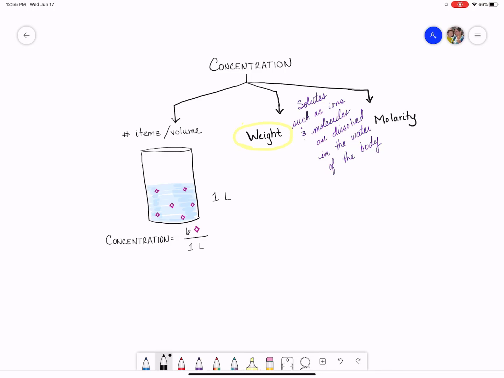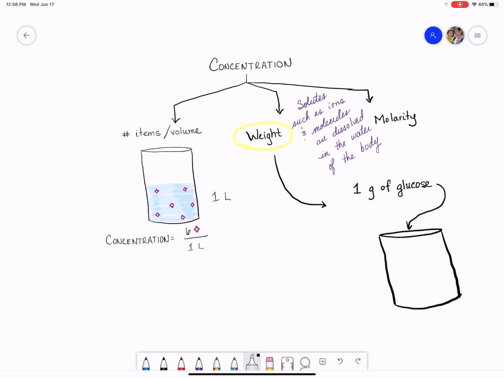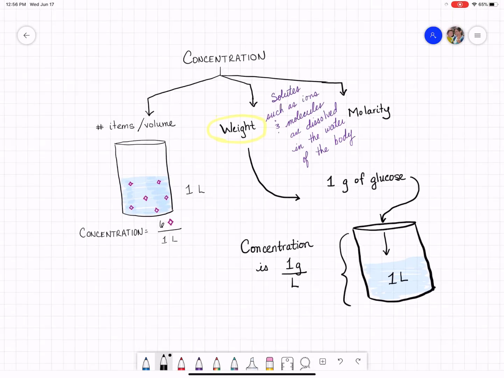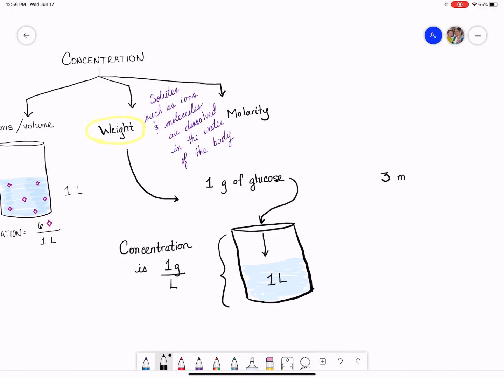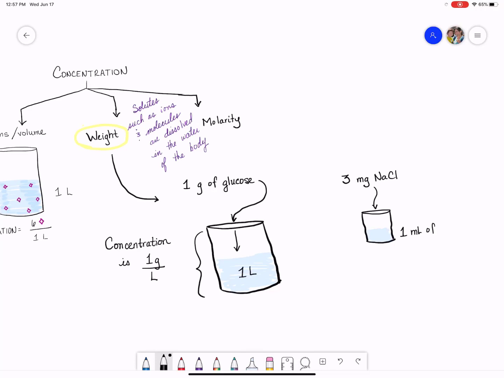So if I were to weigh out 1 gram of glucose and dissolve it in 1 liter of water, I would have 1 gram per liter of glucose, and that's my concentration. If I have 3 milligrams of sodium chloride dissolved in 1 milliliter of water, then my concentration is 3 milligrams per milliliter of water.